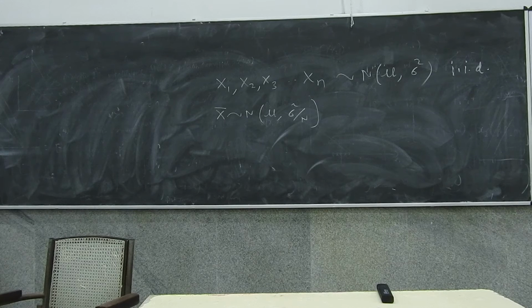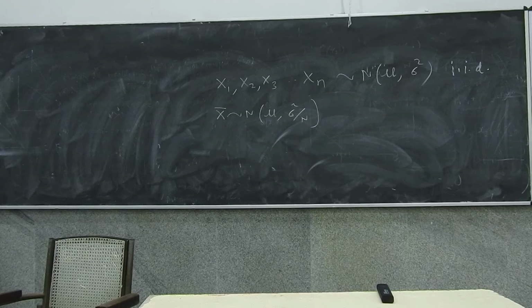This means as n keeps on increasing, sigma square upon n falls because the denominator increases. What does that mean? That means that as the sample size increases, the average distance of a randomly picked up x bar from mu will keep on falling.